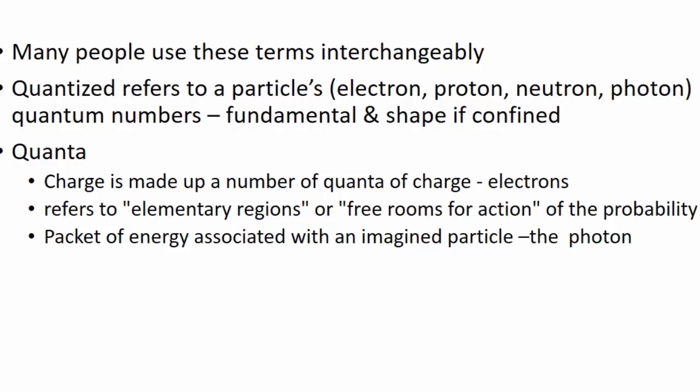So quanta has these 3 different origins, and really the first idea that electrons have a quanta of charge, that's sort of gone away. We now go with that's quantized, so it has a quantum number of 1 charge.